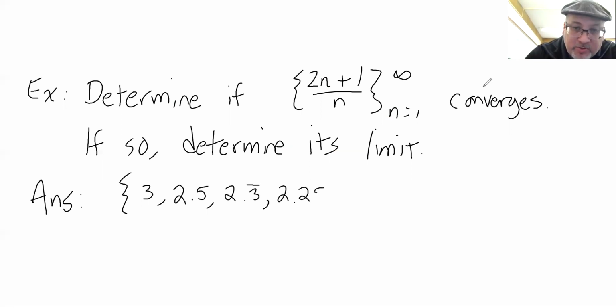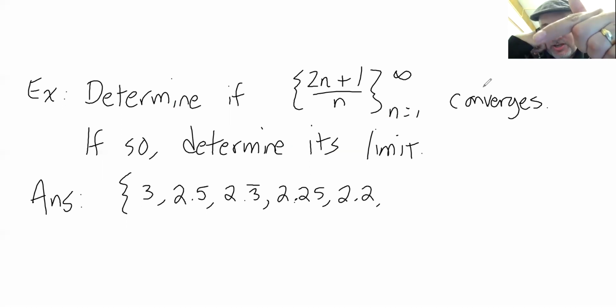Let's push this a little bit further. If we put in 5, we would get 11 over 5, which is 2.2. If we put in 6 right here, we would get 13 over 6, which is 2.16 repeating.